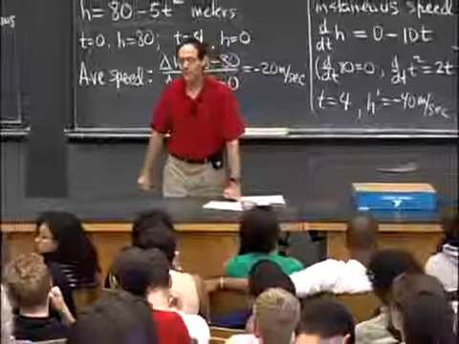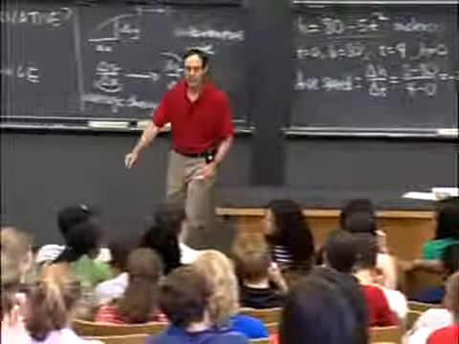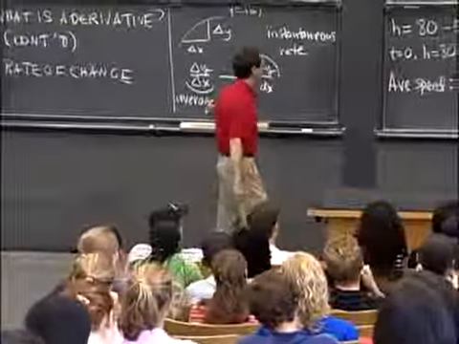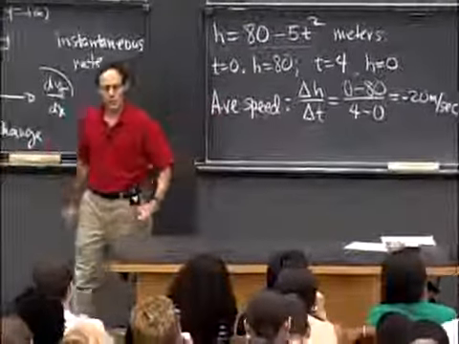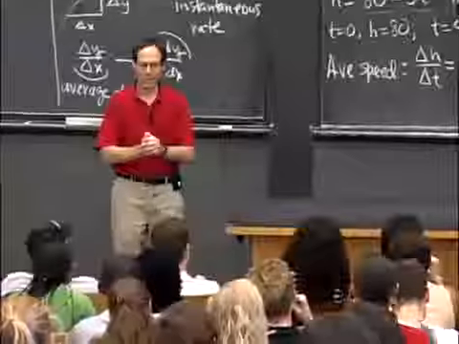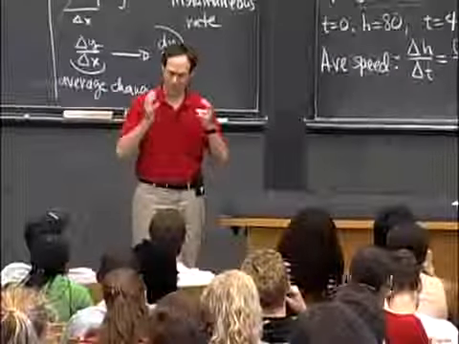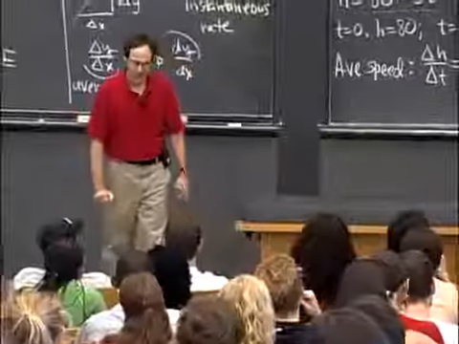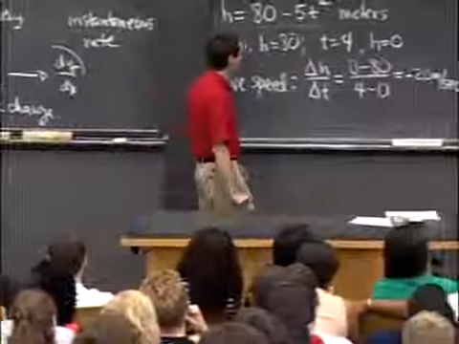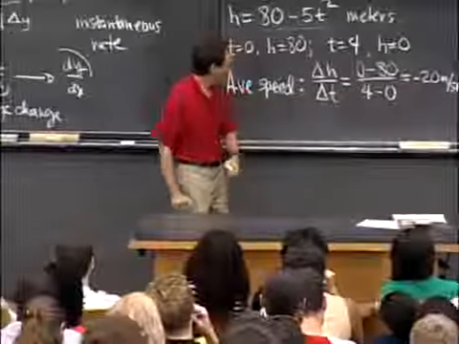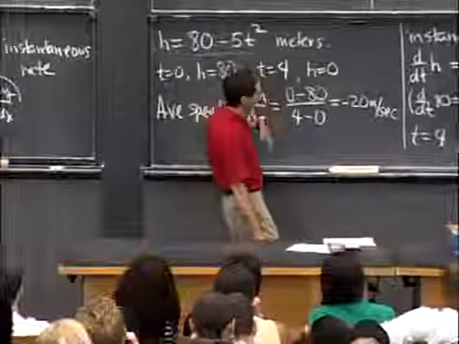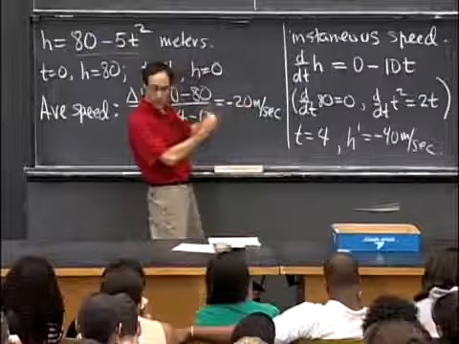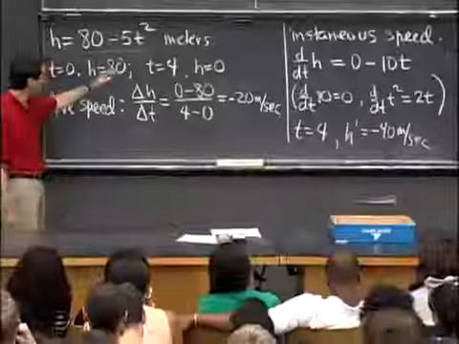Yeah? The equation for height. Good question. The question was, how did I get this equation for height? I just made it up because it's the formula from physics that you will learn when you take 801. And it has to do with the fact that this is speed, if you differentiate another time, you get acceleration.